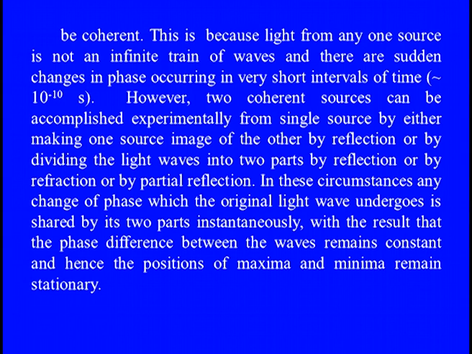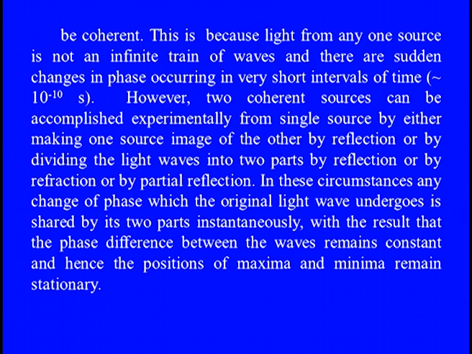This is because light from any one source is not an infinite train of waves, and there are sudden changes in the phase occurring in every short interval of time of the order of 10 to the power minus 10 second. However, two coherent sources can be accomplished experimentally from a single source by either making one source the image of the other by reflection, or by dividing the light waves into two parts by reflection, by refraction, or by partial reflection.